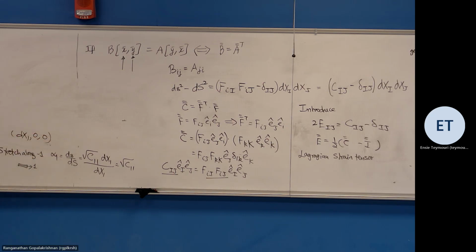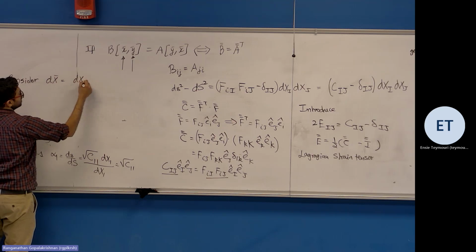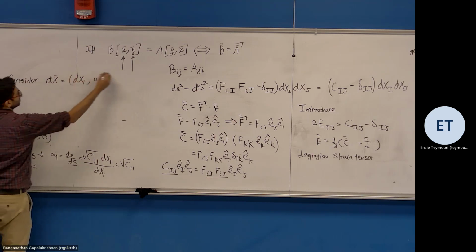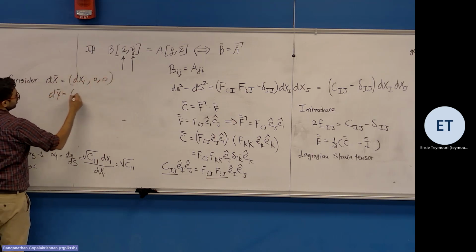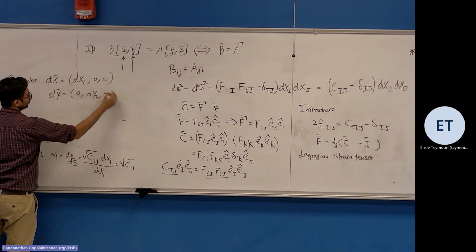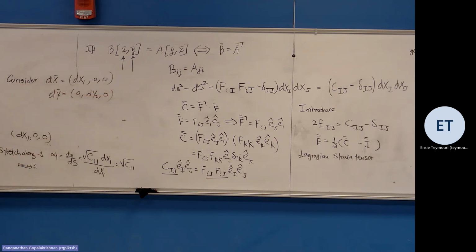Now, consider dx such that this is (dx1, 0, 0) and dy is equal to (0, dy2, 0). What is this dy? It's another element which is oriented along direction 2. So here is direction 1, here is dx, and here is direction 2. This is dy2.